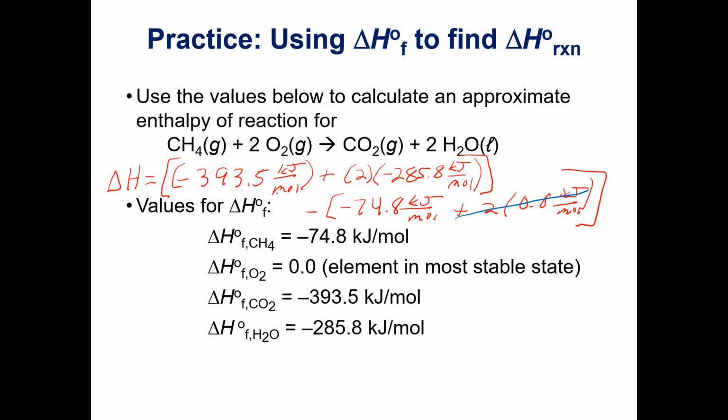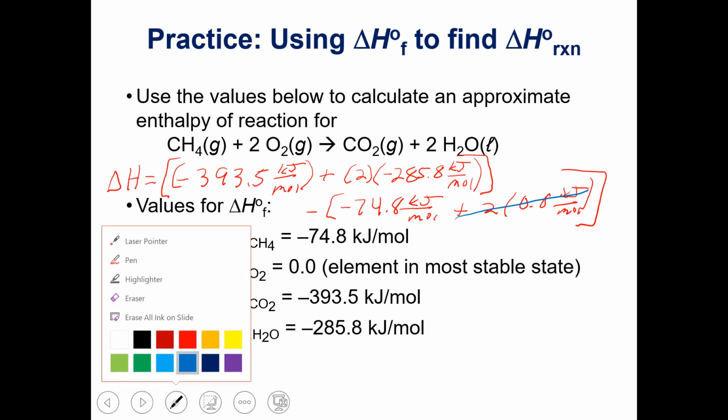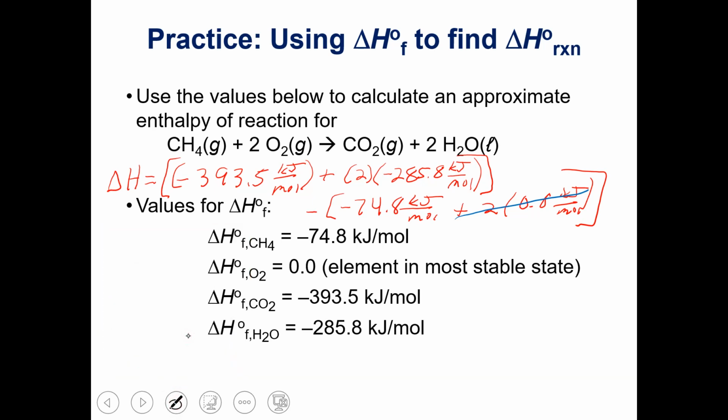So I'm going to take negative 393.5 plus 2 times negative 285.8 minus a negative 74.8. And when you do that, you should come up with negative 890.3 kilojoules.